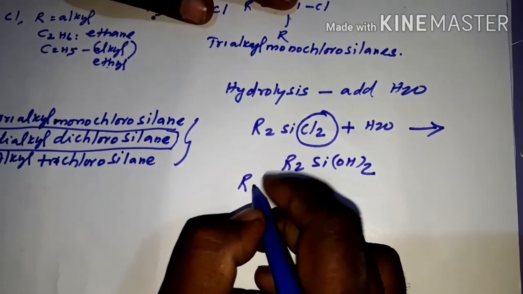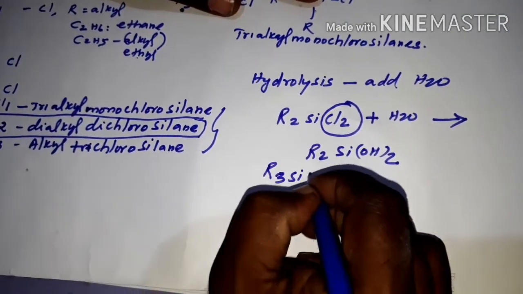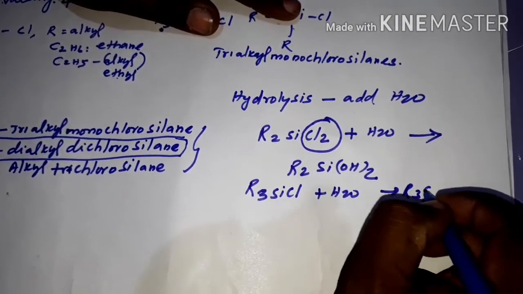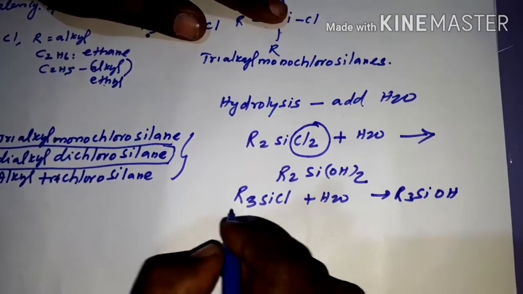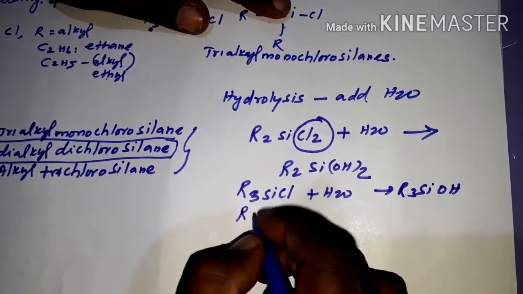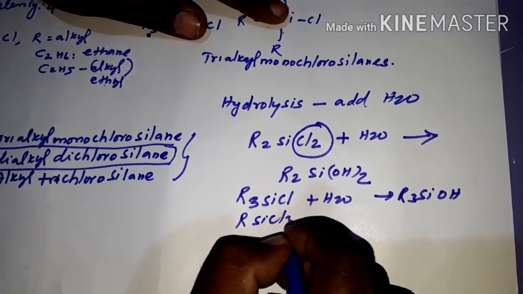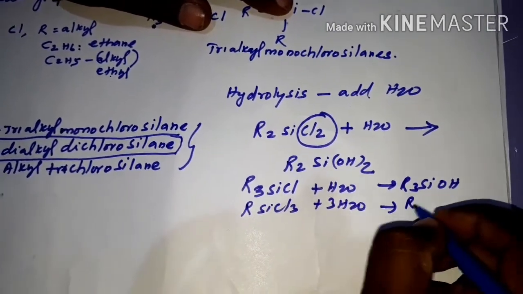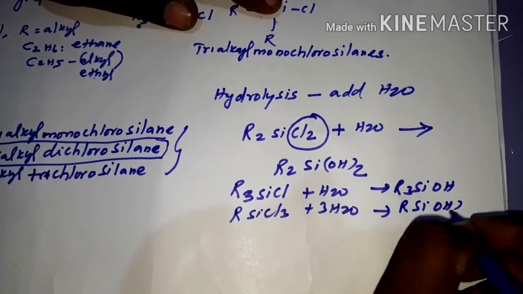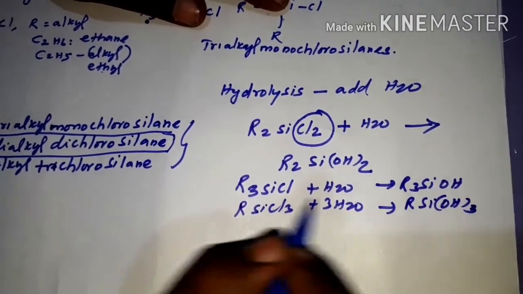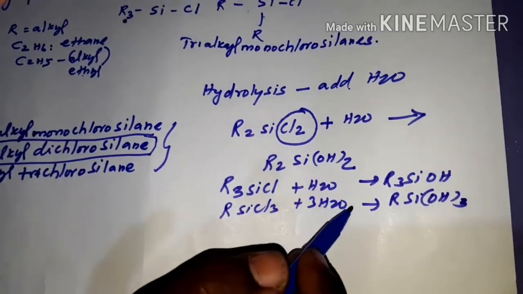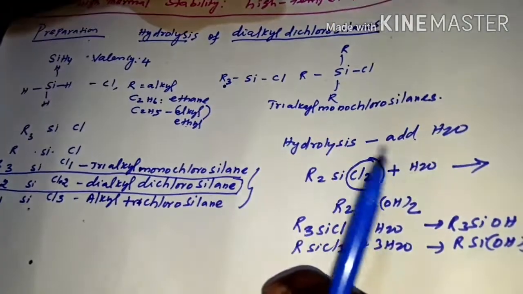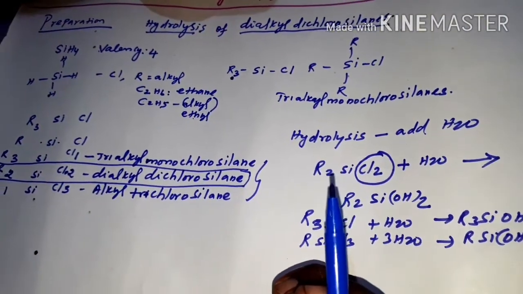If you take trialkyl monochlorosilane and add water, you will get R3SiOH. Similarly, take RSiCl3, add 3 moles of water, and you will get RSi(OH)3. This is the hydrolysis of alkyl chlorosilanes. We will see the reactions one by one.